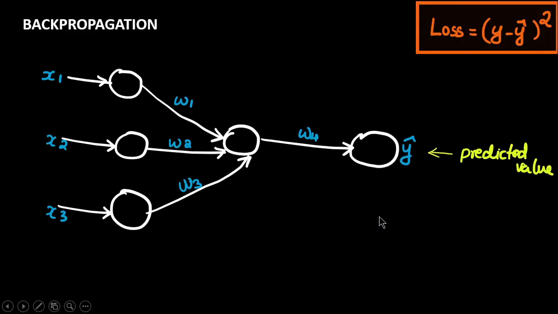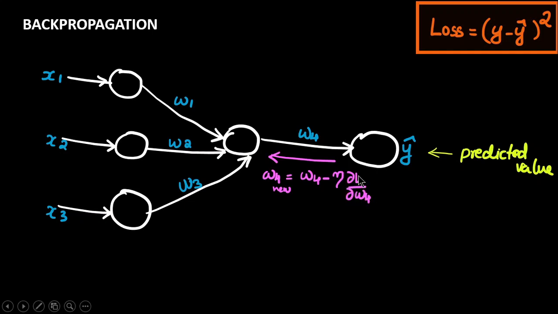Then in back propagation, what do we do? This is the network we have, and the loss function, y minus y cap the whole square. We have to update the weight values. W4 will be updated like this: W4 minus eta into dou L by dou W4.